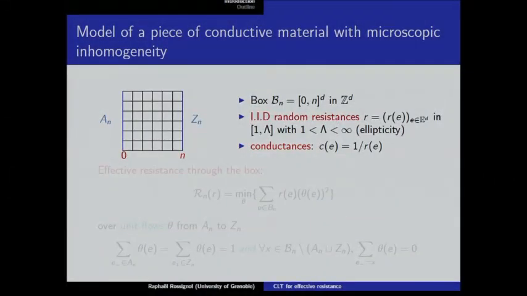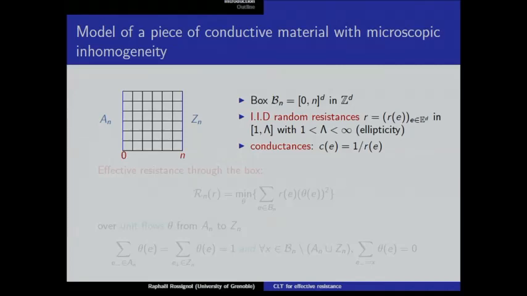So you equip the lattice Z^d with IID random resistances, and we make an assumption of ellipticity on it. This means that they are uniformly bounded away from 0 and infinity, here between 1 and lambda, say. The individual conductances are just the reciprocal values of the resistances.